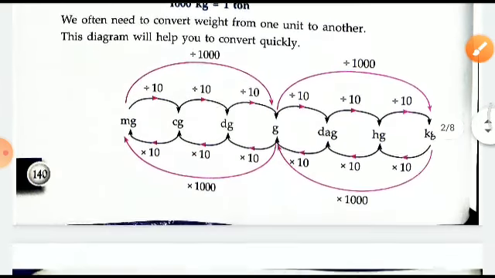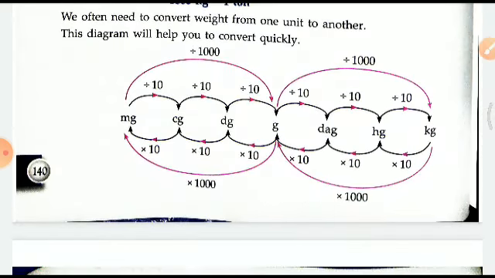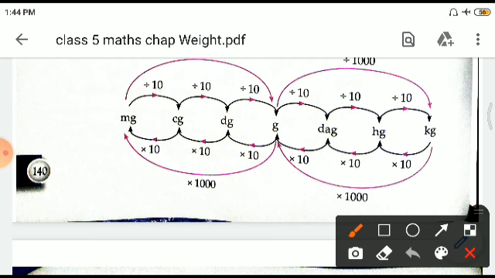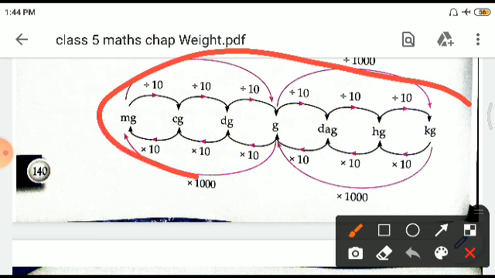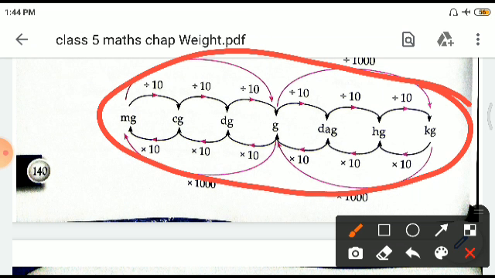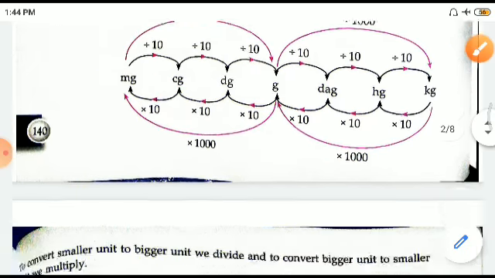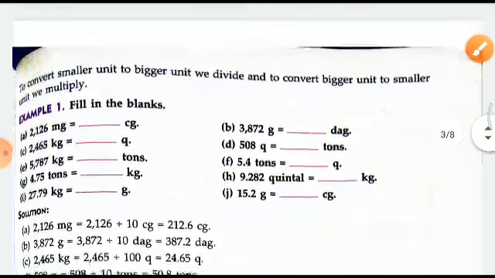We often need to convert weight from one unit to the other, as you can see from this chart here, that all the weights are convertible. If we move in this direction, from milligram to centigram, then centigram to decigram, then decigram to gram, and so on, we are moving by a factor of 10.